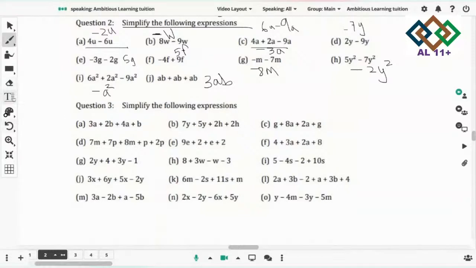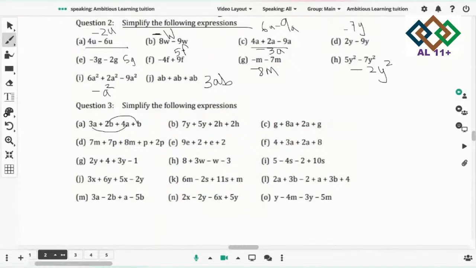The best way of doing them is try putting 3a plus 4a. Just try adding all the a's and adding all the b's together, and then you all will get your answer. That would be 3a plus 4a, that is 5, 6, 7a plus 3b, 6a plus 3b.